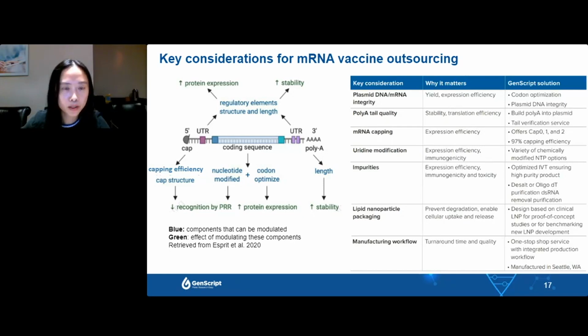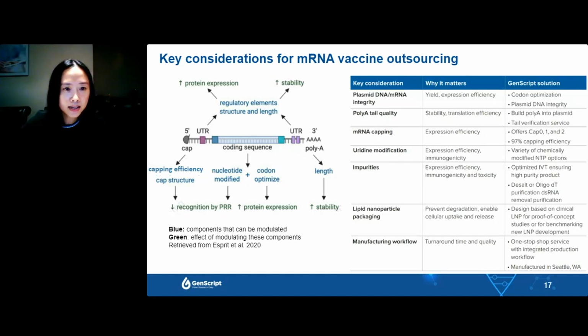And the goal for developing a good mRNA is actually to have one that is very stable and cannot cause immunogenicity by itself, and finally can have a high protein expression rate. And the blue letters here list several parameters that we can adjust to have a good quality mRNA.